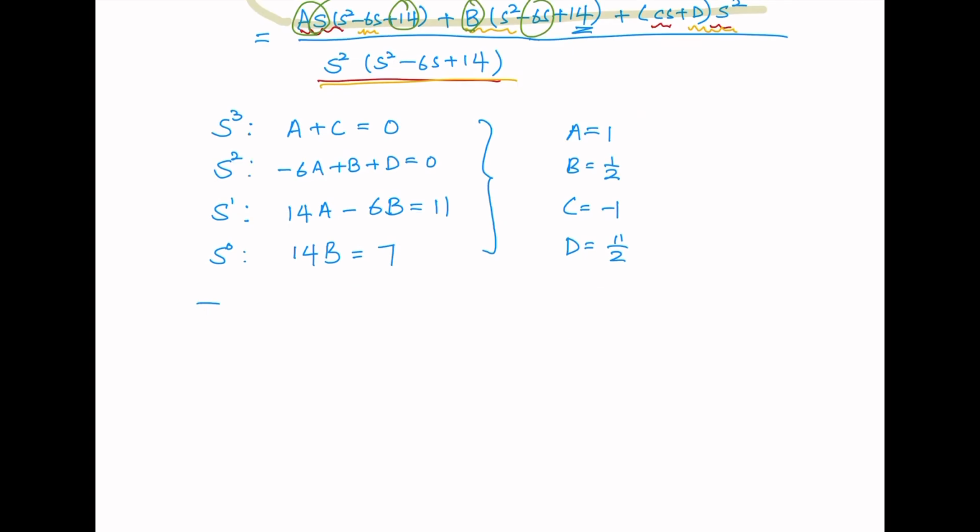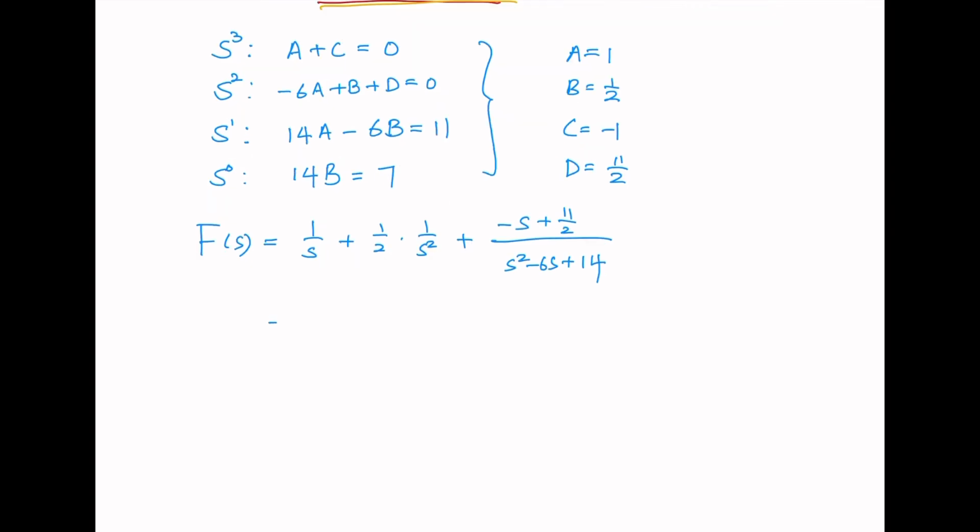That means F of s can be rewritten as 1 over s plus 1 over 2 times 1 over s squared plus negative s plus 11 over 2 over s squared minus 6s plus 14. For the first 2 terms we can easily find inverse Laplace transform pairs, but the third term we need to work on a little bit more.